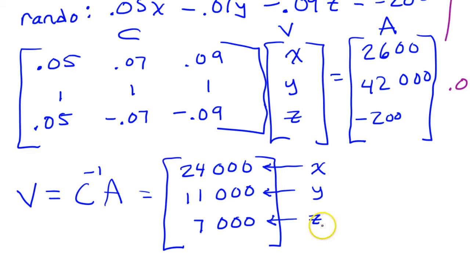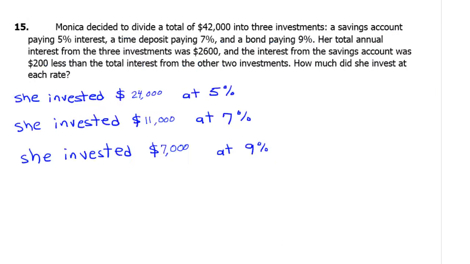But now we need to write this in a sentence. So she invested $24,000 at 5%, she invested $11,000 at 7%, and she invested $7,000 at 9%.